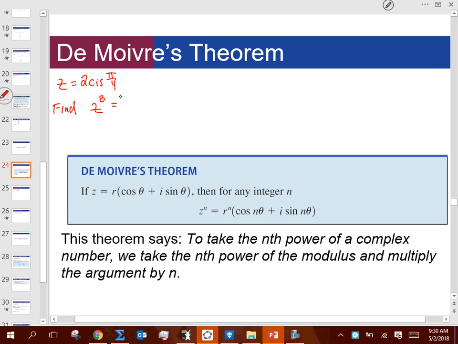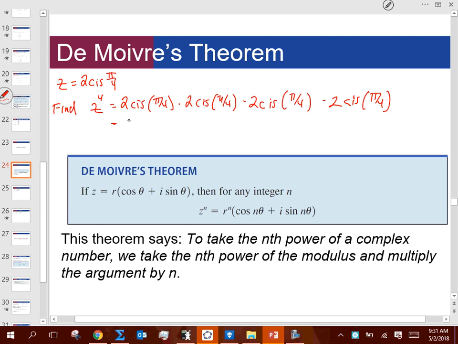Let's not do the 8th because I don't want to write all that out. Let's go z to the 4th. Is that the same thing then as taking 2 cis pi over 4 times 2 cis pi over 4, times 2 cis pi over 4 times 2 cis pi over 4? Does that make sense?